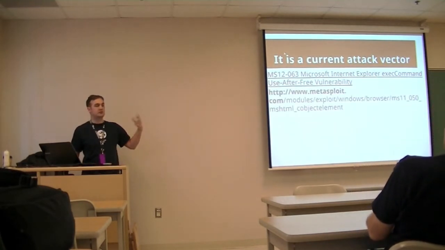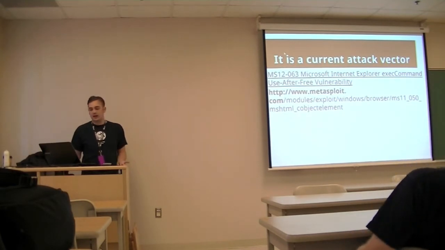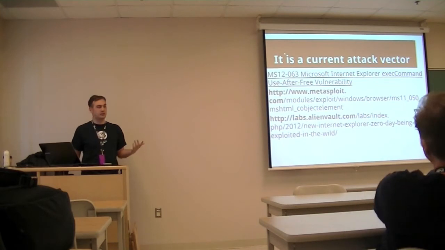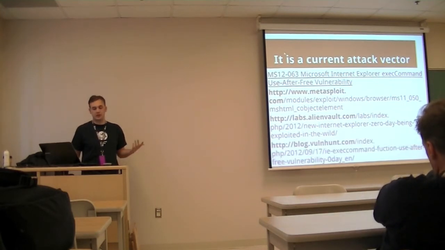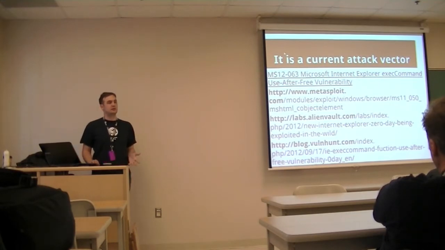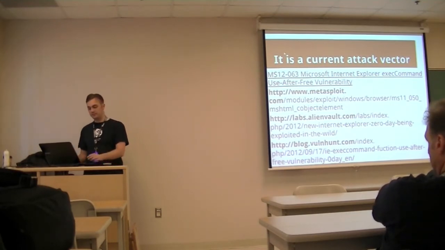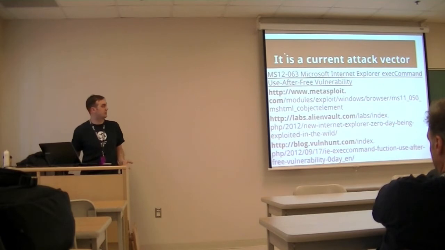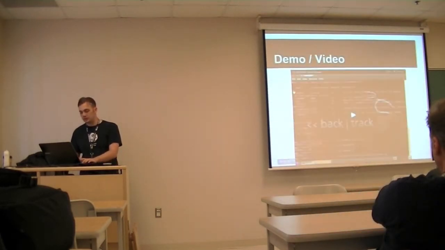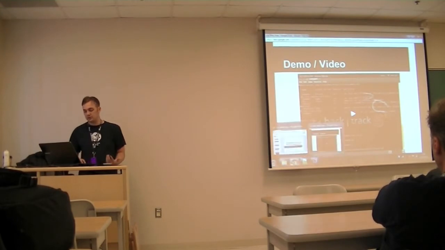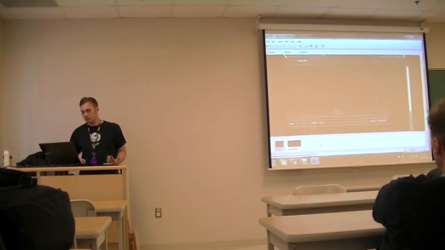Metasploit has a great summary of how the details worked, as well as Alienable and Vulnhunt. They had some really great write-ups that get very technical. Again, this is an introduction, so I'm not going that hard. I am going to do a demo of that vulnerability.